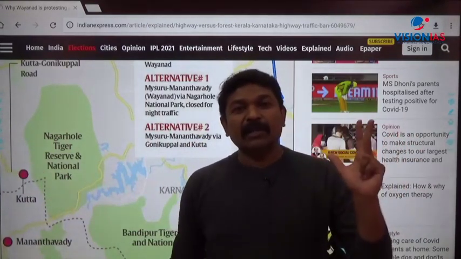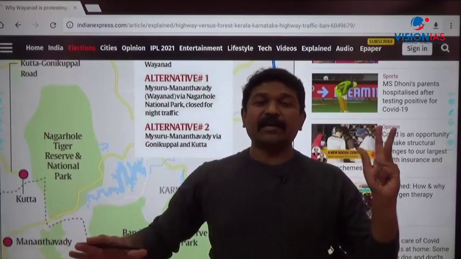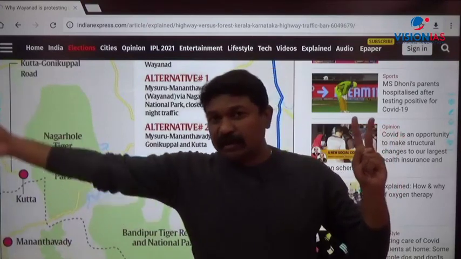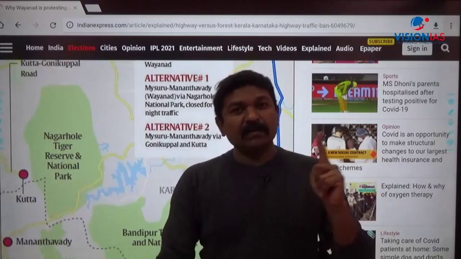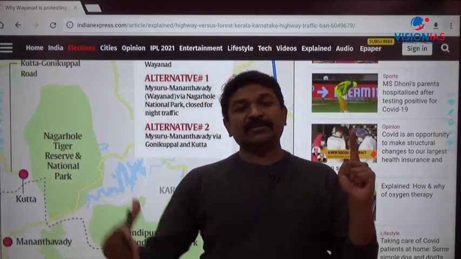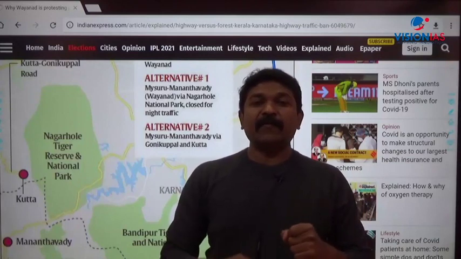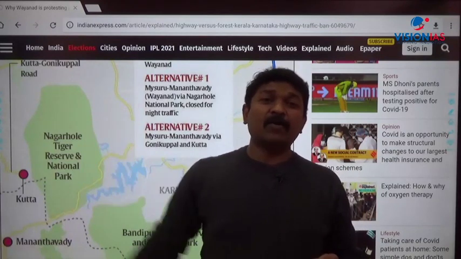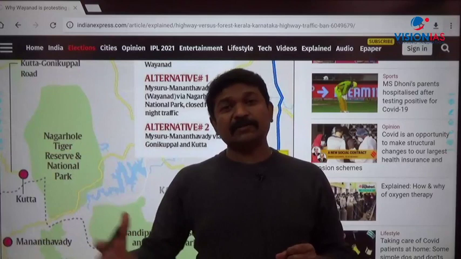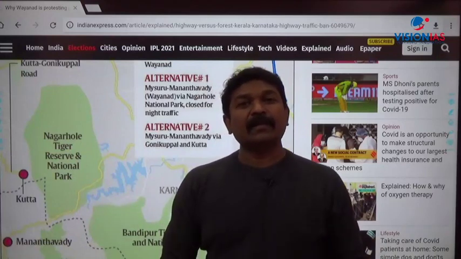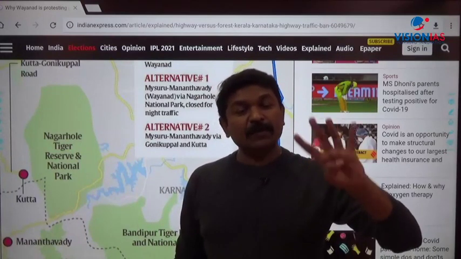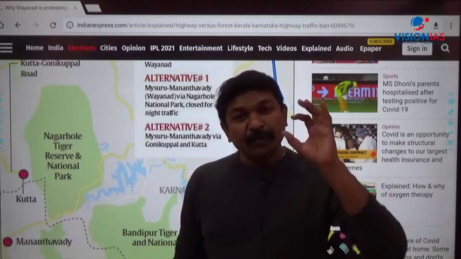Number 2, the national highway connecting Srinagar to Kanyakumari. Third, the national highway passing from Bandipur to Wayanad. Fourth, a very important national highway of Andaman Nicobar, which the Supreme Court recently asked to shut down for tourism. Likewise, four options will be given, and you need to pick the right option.